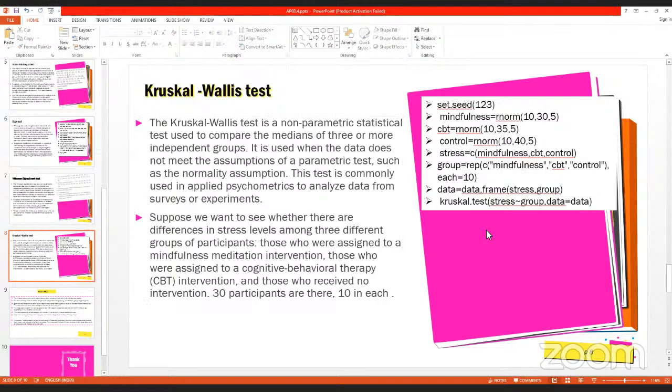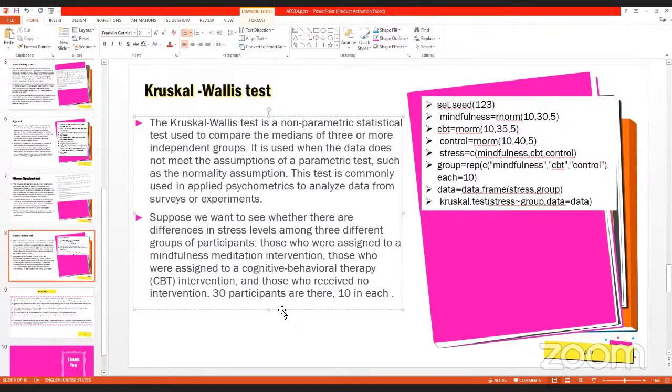So, Farah, whatever example you have given, you can modify it later on. Because your presentation is a score distribution. So be careful. It is written clearly: compare the medians of 3 or more independent groups.